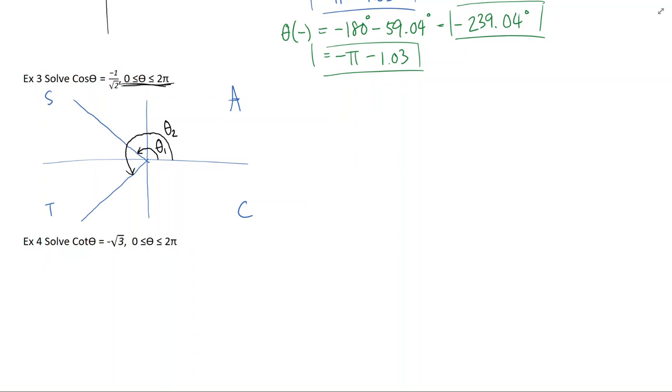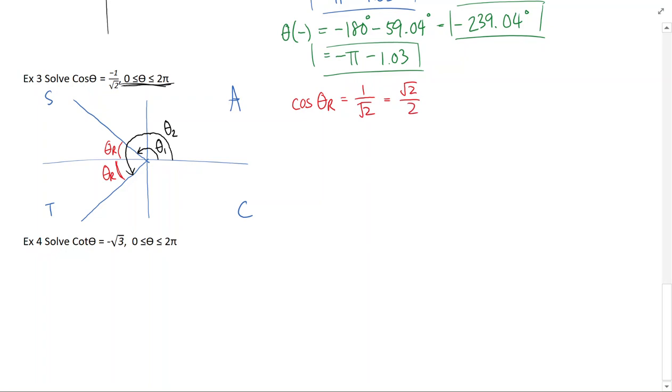Okay, and to figure out our standard position angles, we need to figure out our reference angles. We know that these two reference angles will be the same because they come from the same ratio. So to find our reference angles, we know cosine of the reference angle equals 1/√2. Another way of writing 1/√2, if you rationalize the denominator, is root 2 over 2.